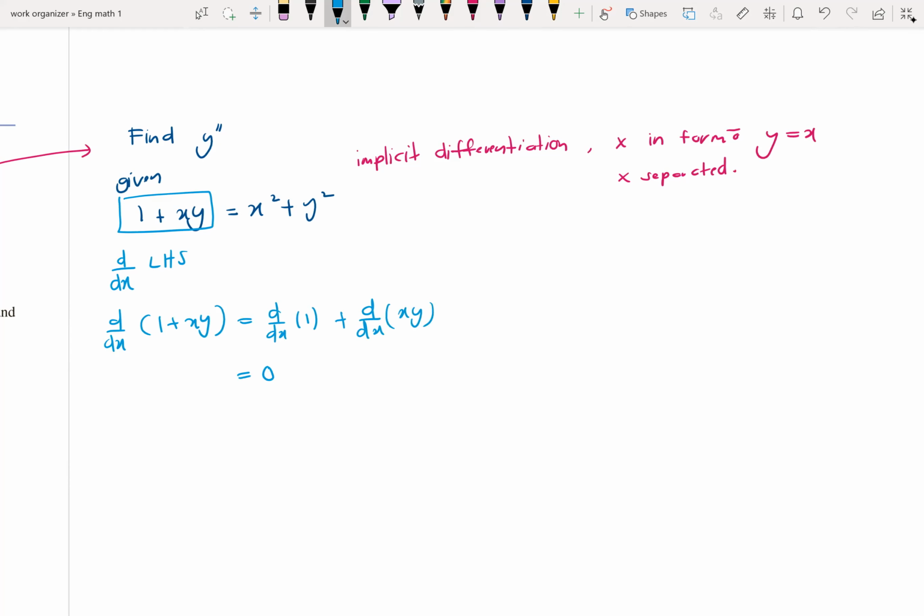For xy, we can say there are two functions here, so we use the product rule. We have u and v. The first one will be classified as u, and the second one will be v.